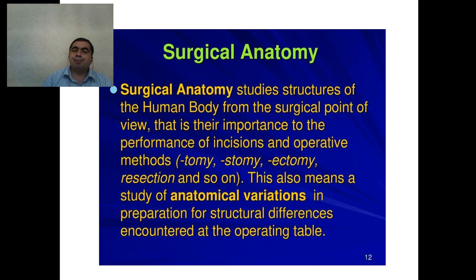Surgical anatomy shows you how you have to perform your incisions, your cutting, all these operative methods. For example, tomy, stomy, ectomy, resection. So ectomy is the ectomia, removing the whole organ.